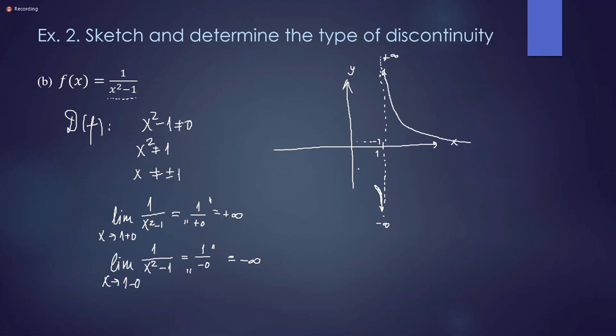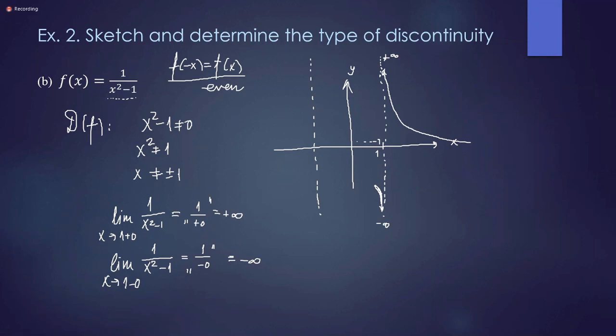And now let's think about minus 1. What happens with minus 1? First of all, please note that this function is even, because if I replace x by minus x, the function value remains the same. X squared is the same, which means there's a symmetry.